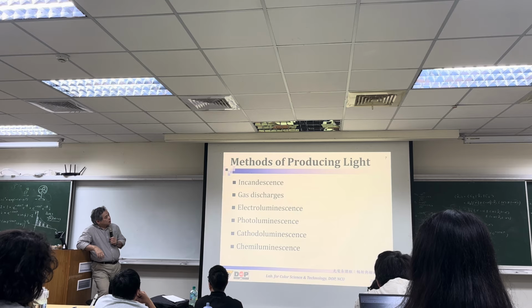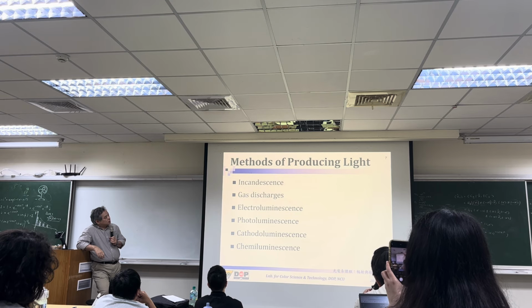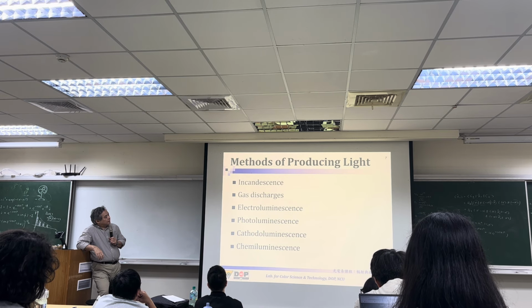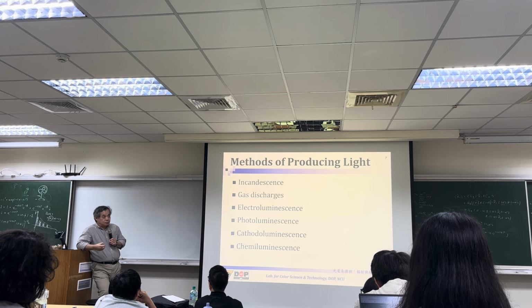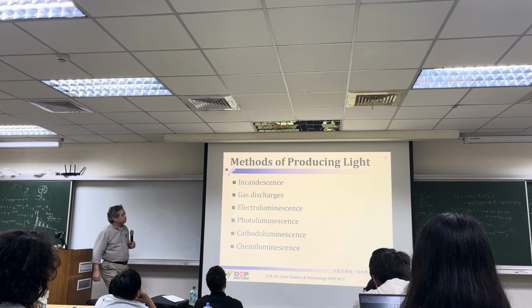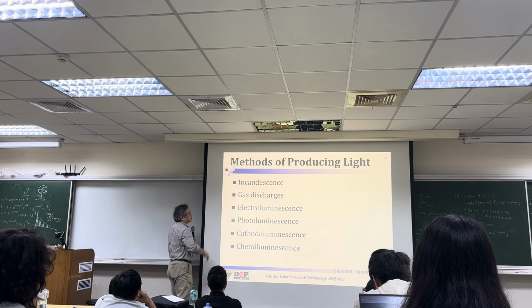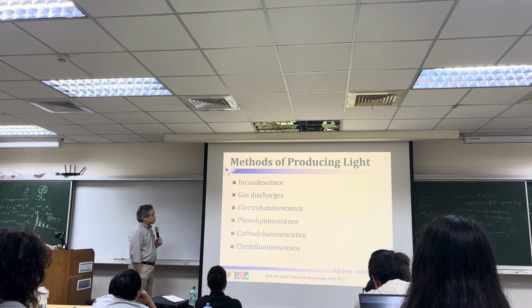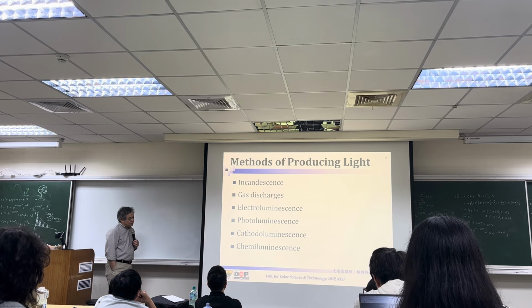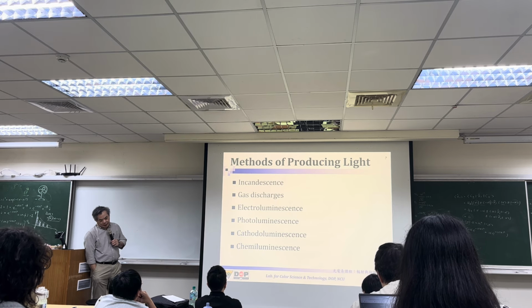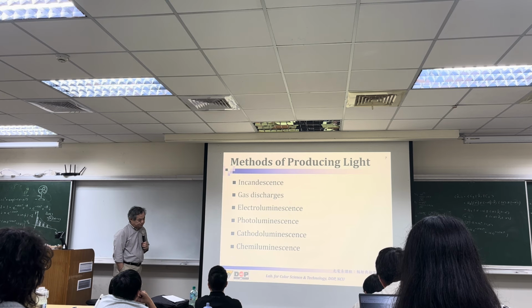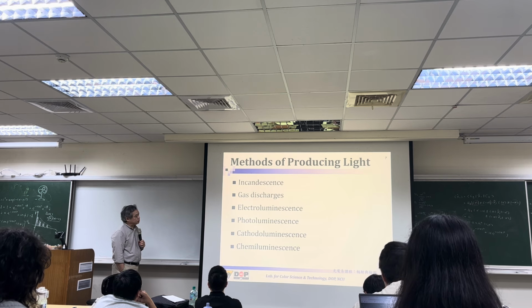For the first one, in incandescent light, light is created from thermal energy. Okay? And in gas discharge and electroluminescence, the light is produced by electrical energy.